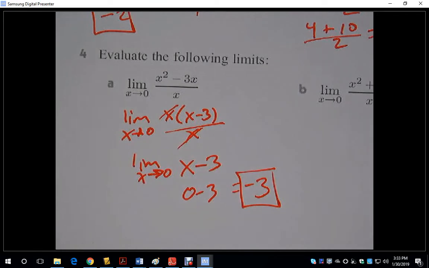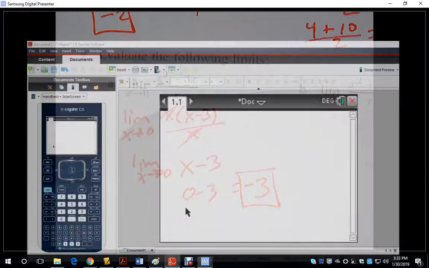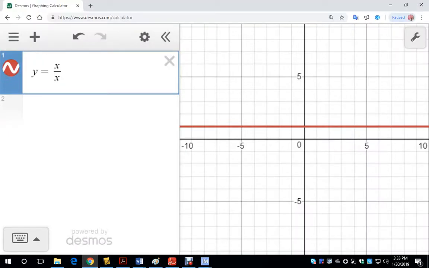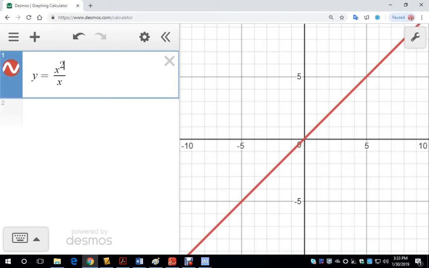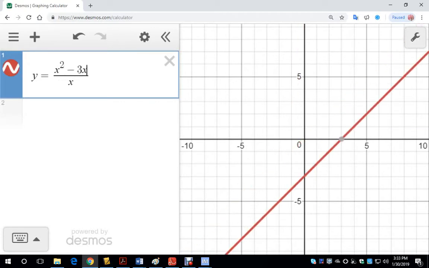So I'm going to graph this one as well. Oops, wrong one. So in my numerator, I have x squared minus 3x, and in the denominator, I have x. So what happens when x approaches 0?